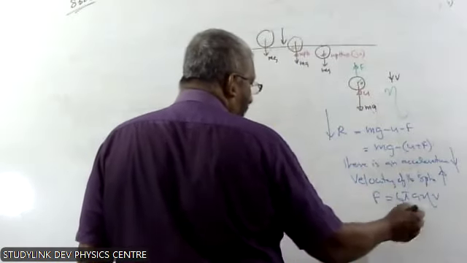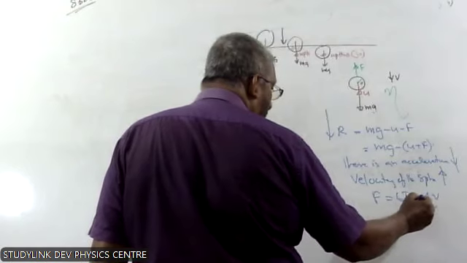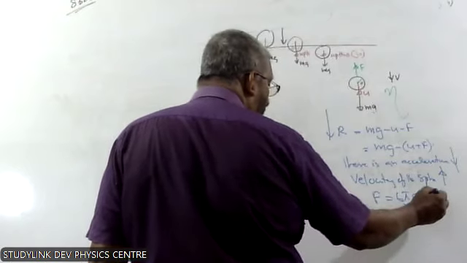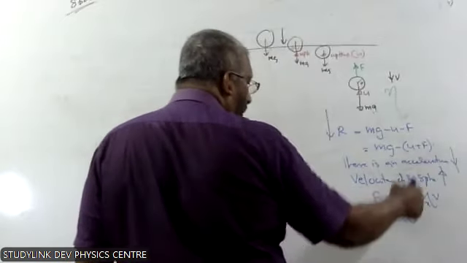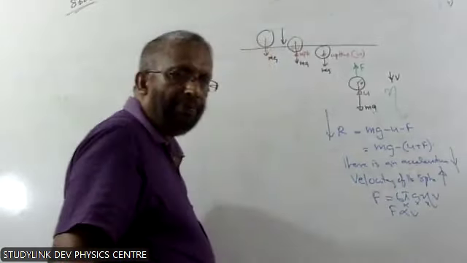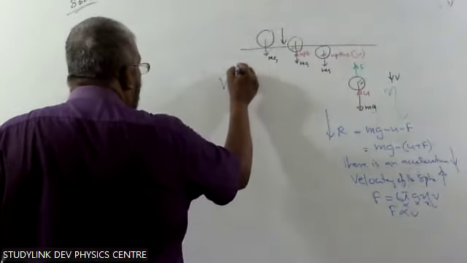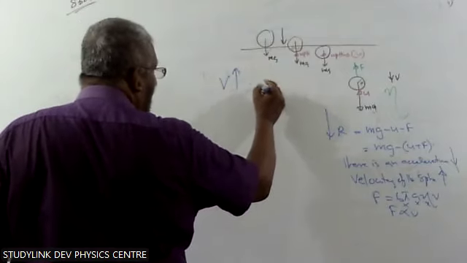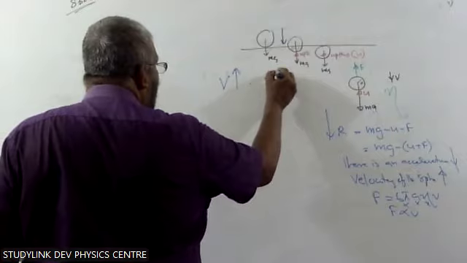For this one, eta is a constant, a is a constant. So F is directly proportional to V. Therefore, V increases. Now V increases, therefore F increases.